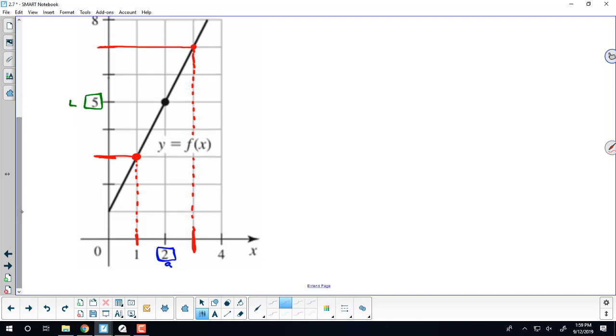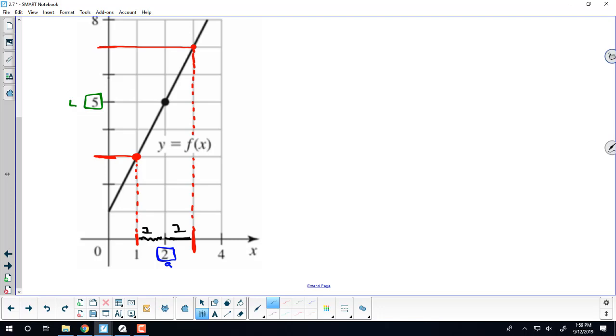So remember, the epsilon corresponds to the distance on the y-axis we are from L. Delta is the distance we are from A on the x-axis. So let me just write this here. This distance from A to the boundary, that distance is 1, and also in this direction, that distance is 1.